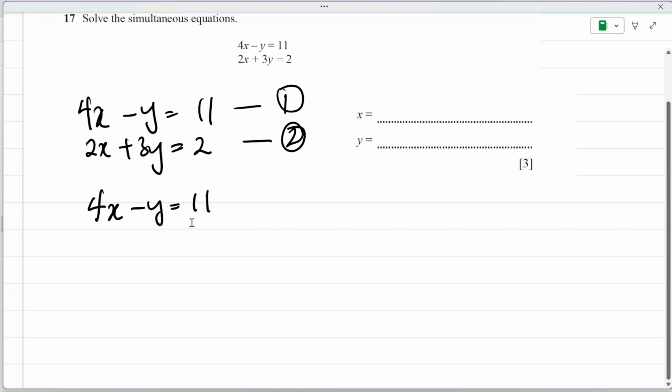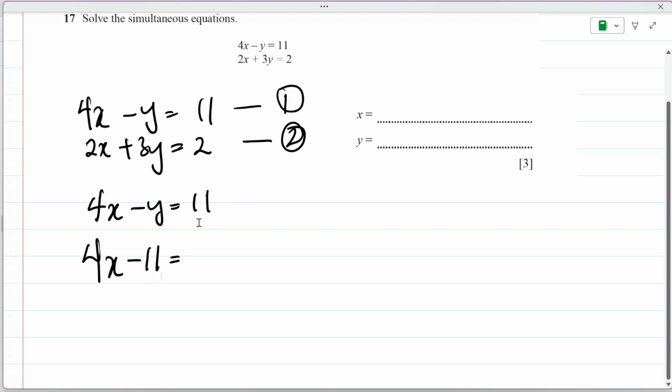Then you take this plus 11, this 11 has a positive in front of it. You take it over the equals sign, take it to the left, and you get minus 11. Once it crosses the equals sign, the sign changes from positive to negative, and if it were negative, it changes from negative to positive. So we have 4x, this plus 11 crosses and becomes minus 11. You just say you subtract 11 from both sides.